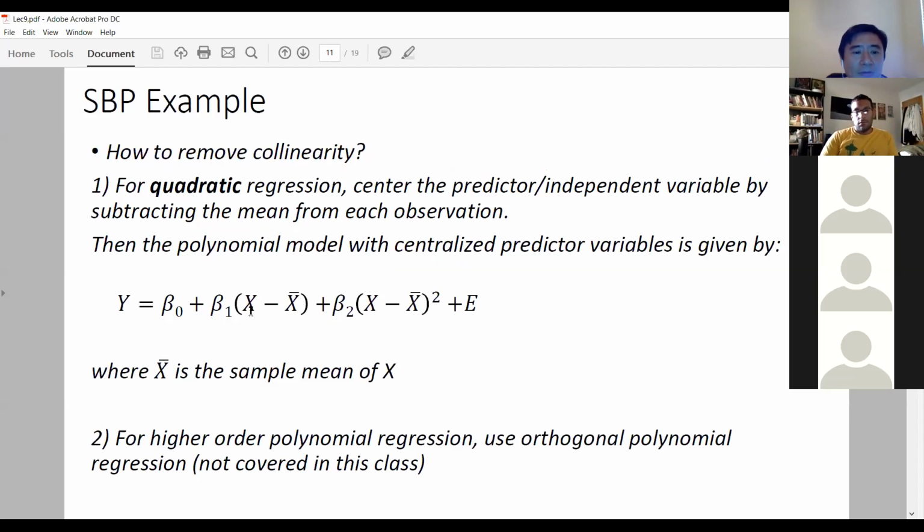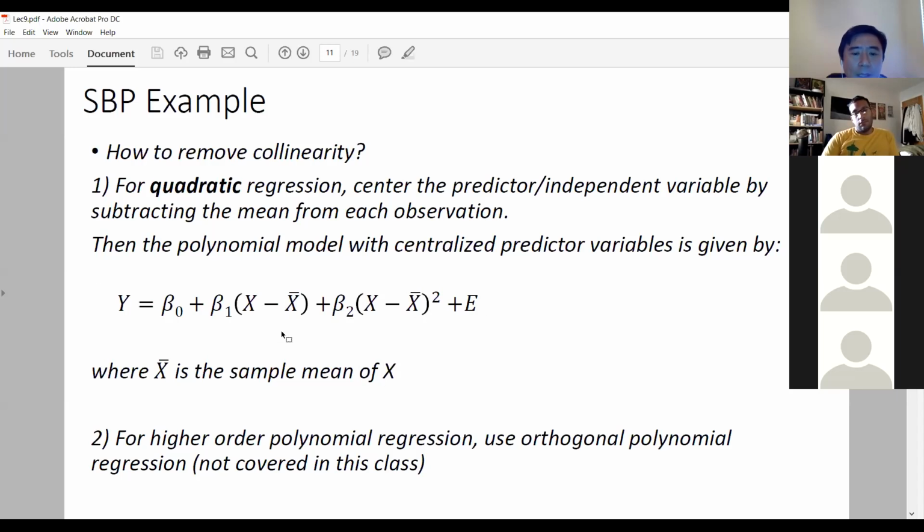The way to solve that is to use a centralized estimate. So in this example, you use the centralized value, which is age minus the mean age, where X bar is the sample mean, and you also use the quadratic term of that centralized value.